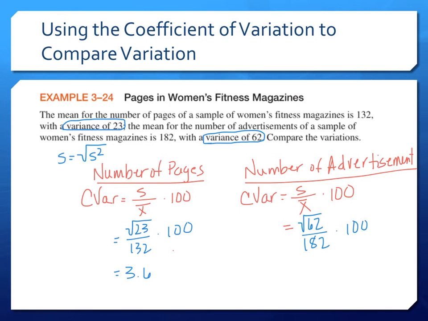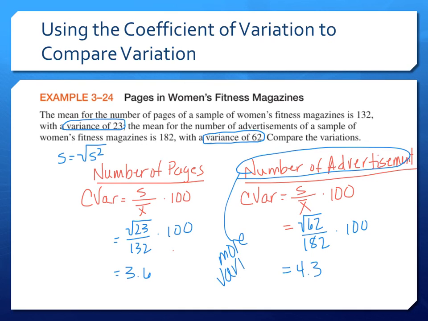And this equals 4.3. Now, since 4.3 is bigger than 3.6, we would say the number of advertisements is more variable, so more spread out.